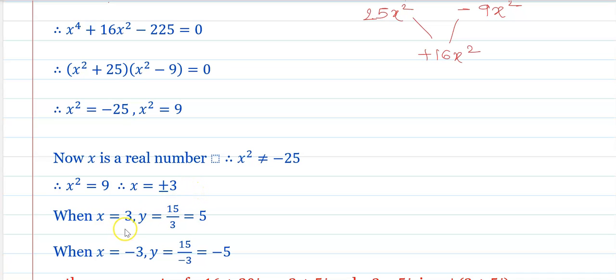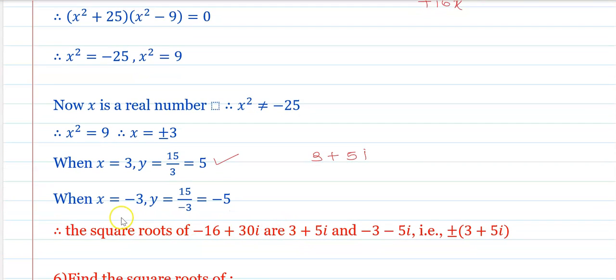When x is equals to 3, y is equals to 15 upon x. But x is 3, 15 by 3 will get 5. Therefore, the first root is 3 plus 5i. What about the second? When x is equals to minus 3, then y is equals to 15 upon minus 3. You are getting the minus 5, and hence the second root is minus 3 minus 5i.